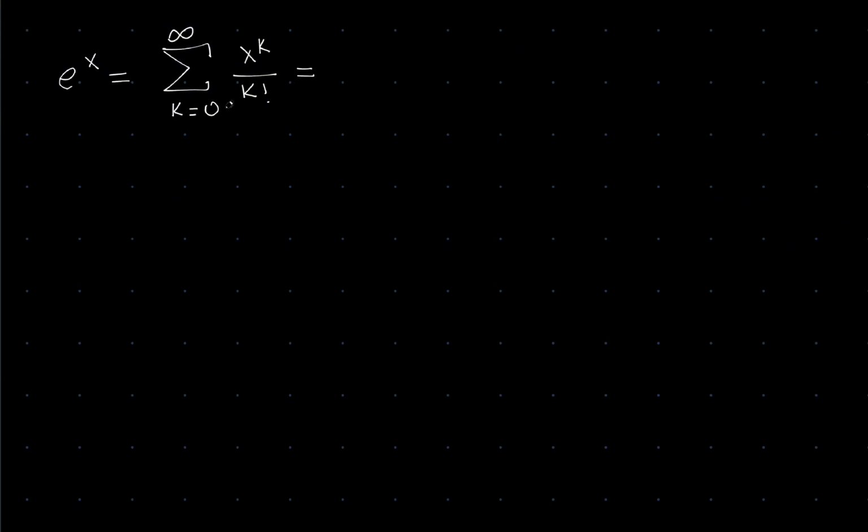So the first term is k is 0, x to the 0 is 1, and 0 factorial is equal to 1, so that equals 1. The second term is if k is 1, x to the 1 is equal to x, and 1 factorial is equal to 1. The third term for our k values is 2, so x to the 2 and 2 factorial here.